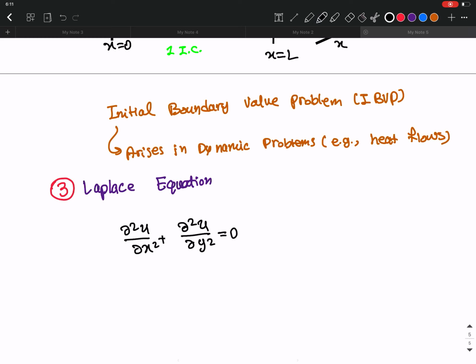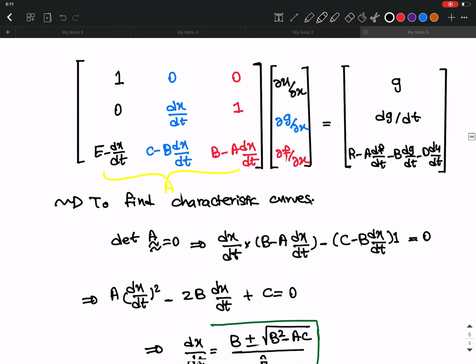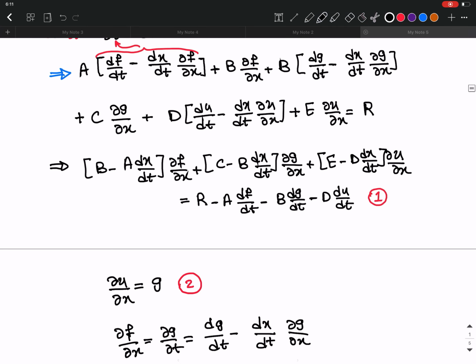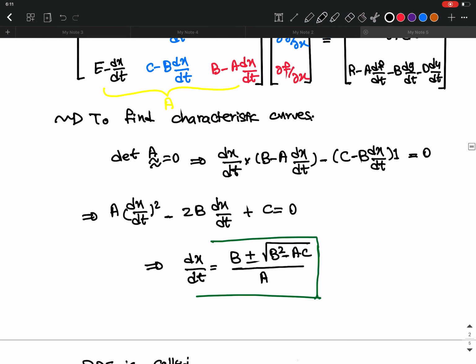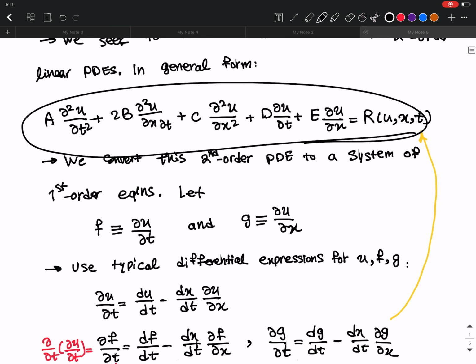So what are the coefficients here? If we assume x is t and y is x, or vice versa, in this equation, then a is going to be 1, b is going to be 0 because we don't have a mixed partial, and c is going to be what? 1.